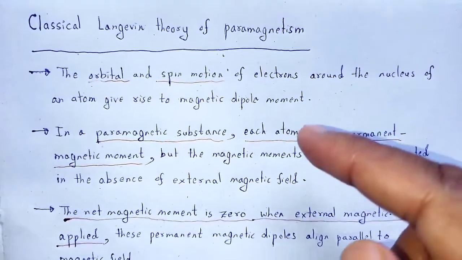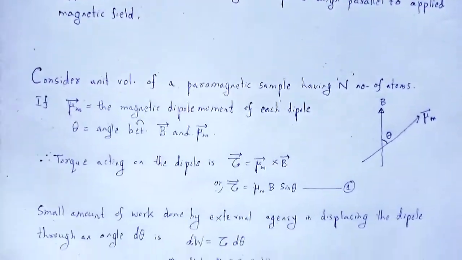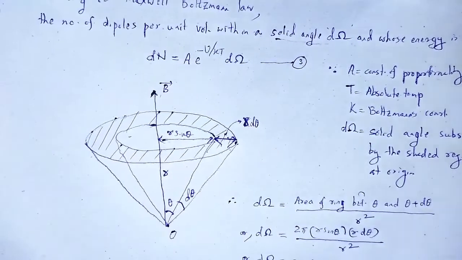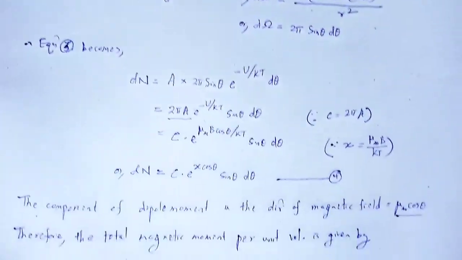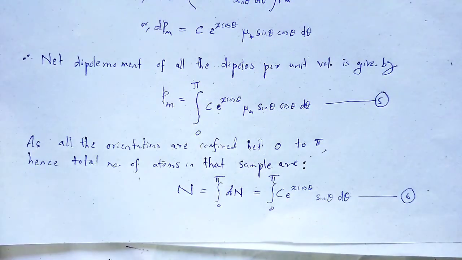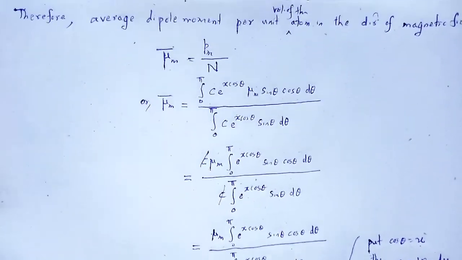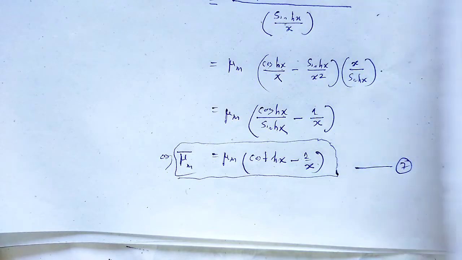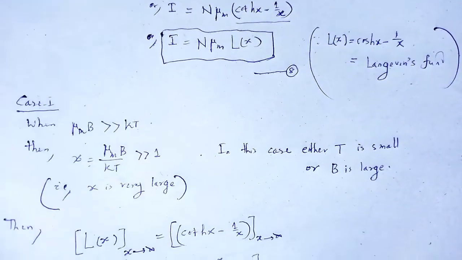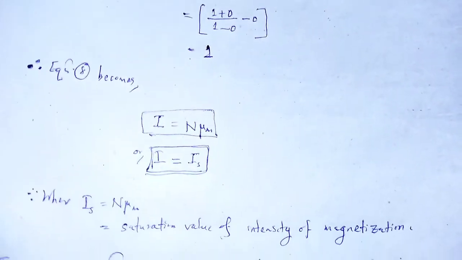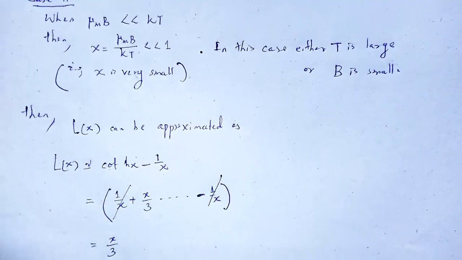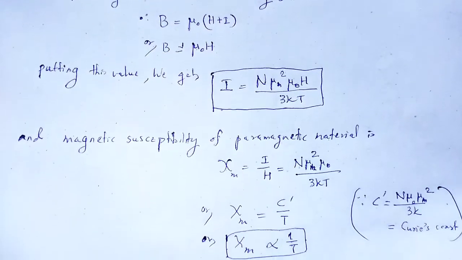So, with the help of this video lecture, we understand the concept of the classical Langevin theory of paramagnetism, and mathematically show the intensity of magnetization in two cases, and also the magnetic susceptibility.